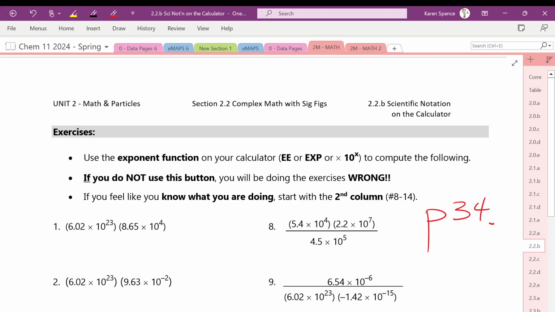Times 10 to the 9. Oh, no, up and down. 3. Yes. 4 sig figs.